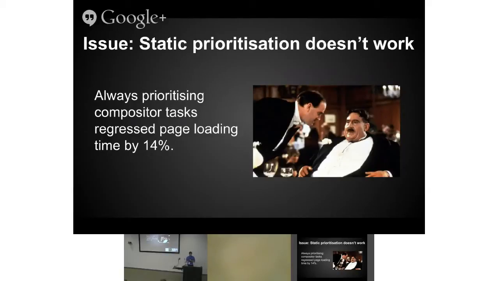What happens during page loading is you get a bit of HTML, you parse it and insert it into the DOM, and that basically sets a flag that says I want to composite now because the page has changed. And because we were prioritizing compositor work, we were doing more and more compositing and less of the actual page loading. So overall you were doing more work, and the page loading slowed down. So we don't want to do that.